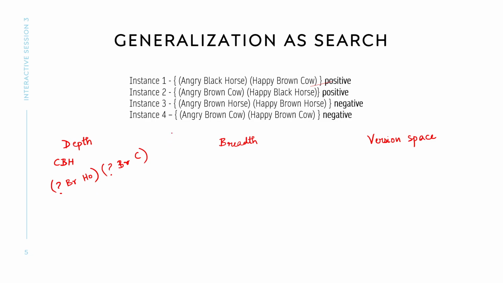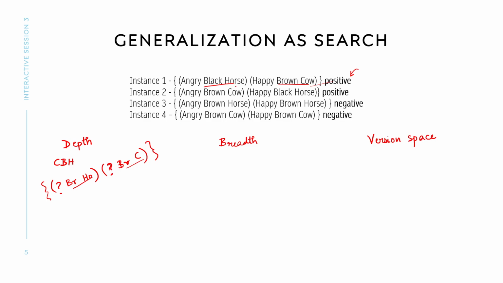Okay, so this is not in line with our first positive instance. Our first positive instance is not part of this generalization, right? We have a black horse and a brown cow. Brown cow fits, black horse does not fit. Angry and happy can be anything.